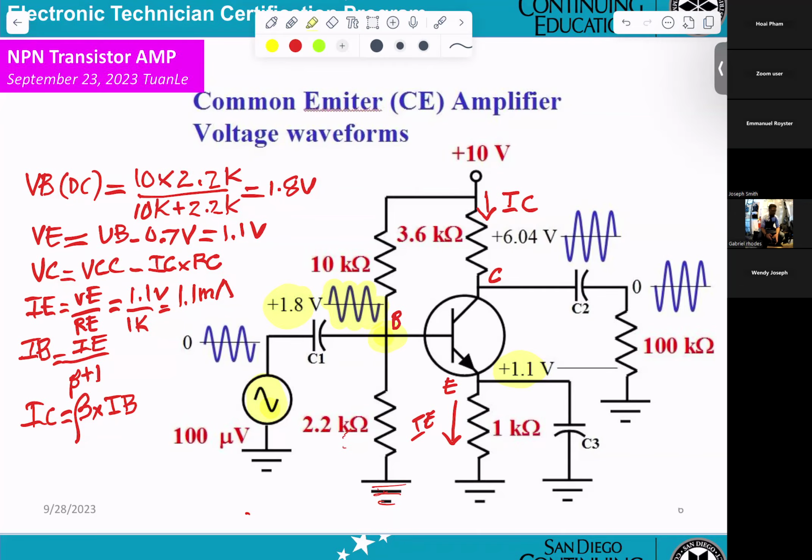At the base, you get two signals. One will be 1.8 volt DC, right here. And also 100 microvolt AC. When you're working in the lab, how can you see your signal? Who knows?